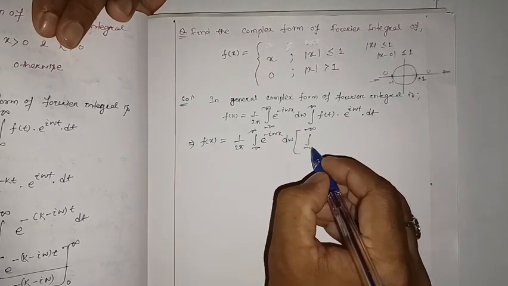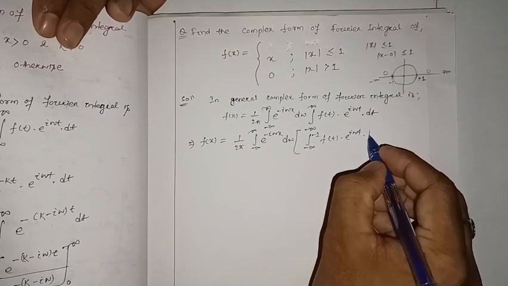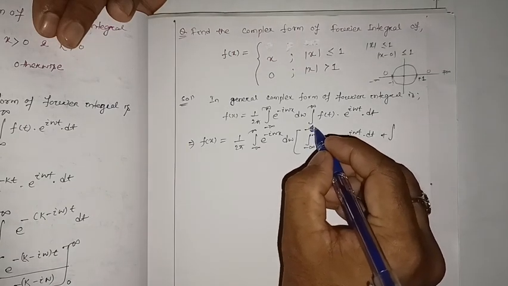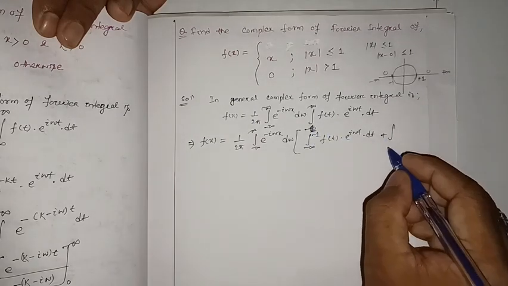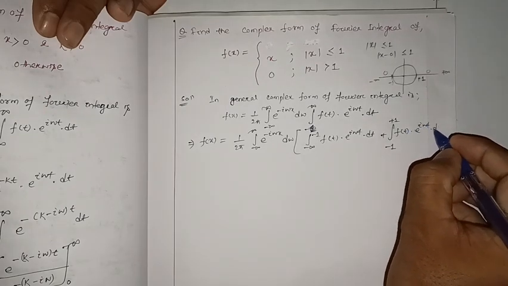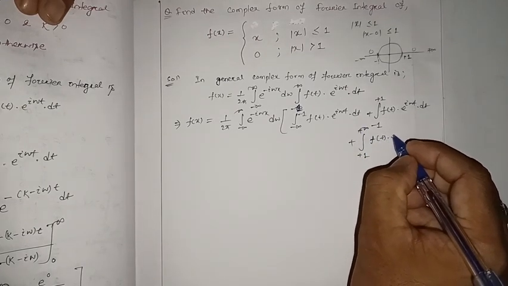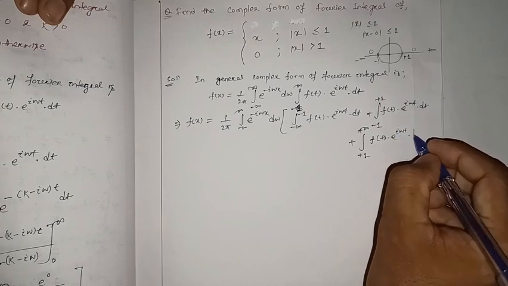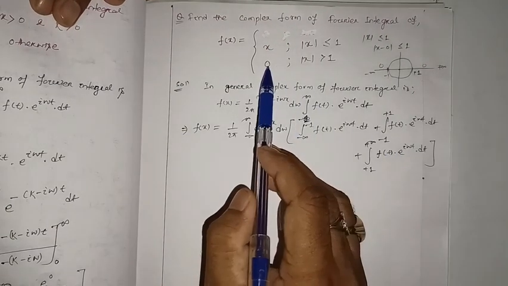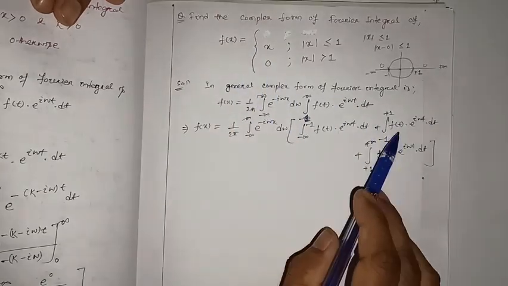Here I am going to segregate: minus infinity to minus 1 of f of t into e to the i omega t dt, plus minus 1 to plus 1 of f of t into e to the i omega t dt, then plus 1 to plus infinity of f of t into e to the i omega t dt. In the first and last limits the value is 0, but in the limit minus 1 to plus 1 the value is x. That means instead of f of t we have to put only t.